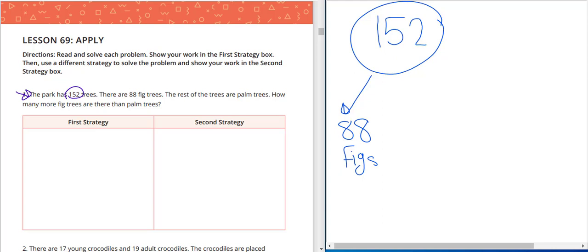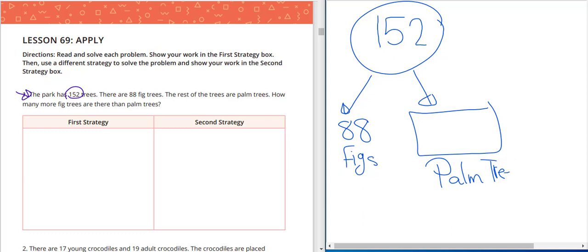The rest of the trees are palm trees. The rest or the left trees are palm trees, but the number of palm trees is unknown, a missing number.